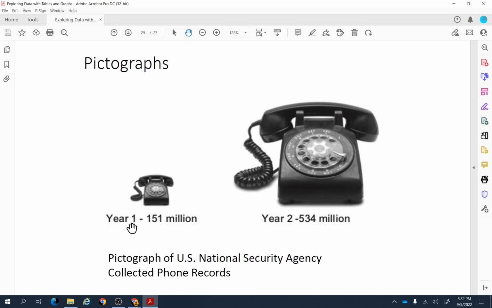In year 1, the records were 151 million. In year 2, the records are 534 million. By just looking at these pictures, it's not the correct information. They are not in this scale. So just by looking at the picture, you can say that it's huge, but how huge, you have to look at the numbers.